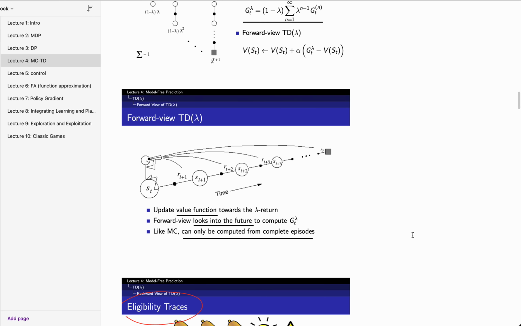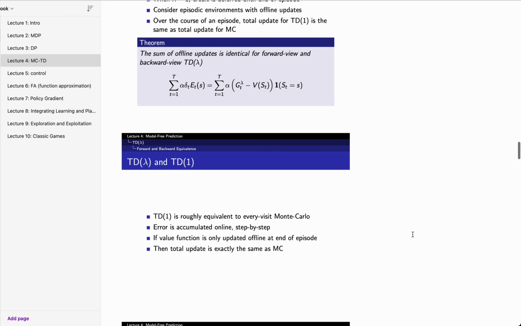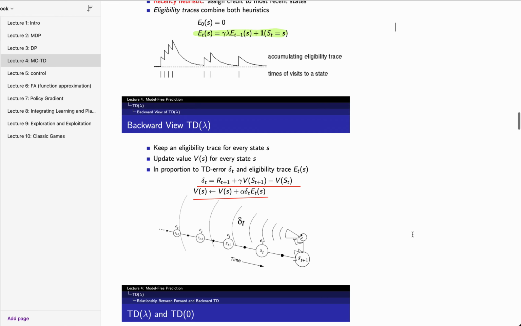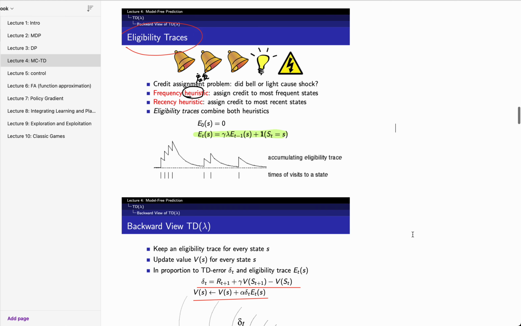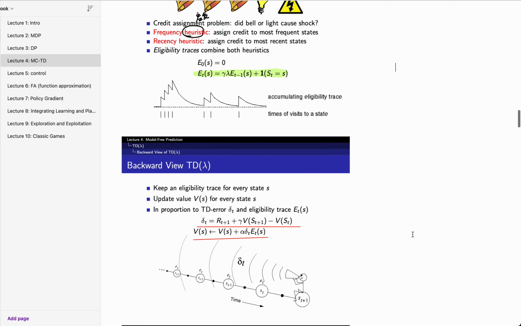Looking forward, you need to compute from a complete episode, so you have to update once you finish the episode. It's also called offline learning. Whereas with a backward view TD lambda, you're looking back into the past.